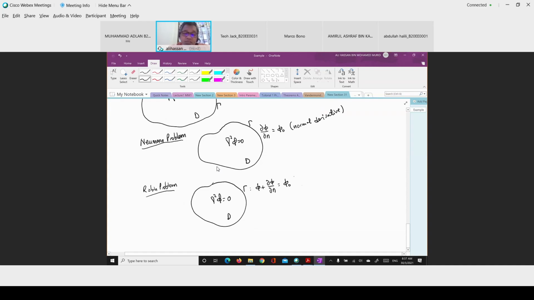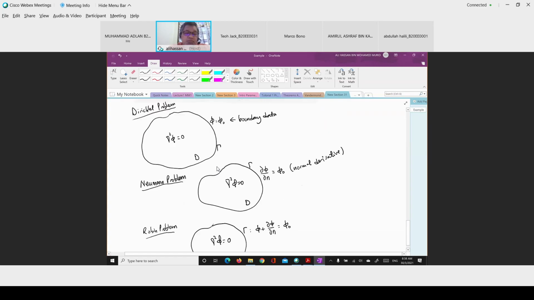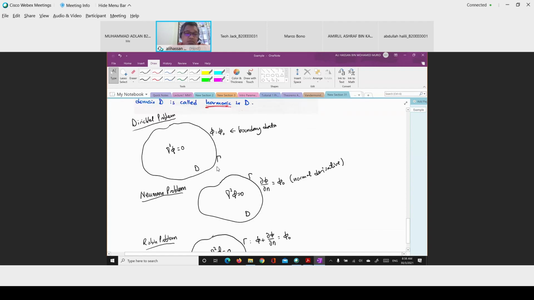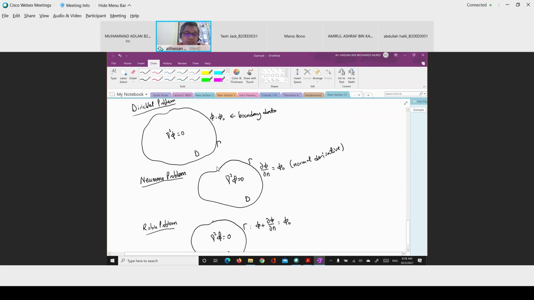This is called the Robin condition. So there are many problems that can be described in terms of partial differential equations.